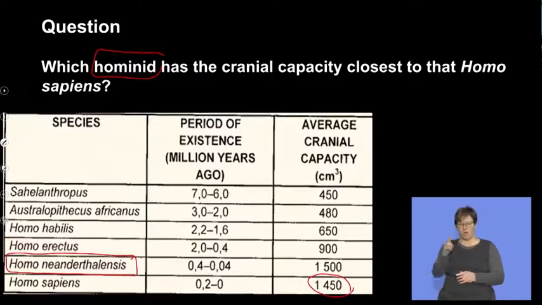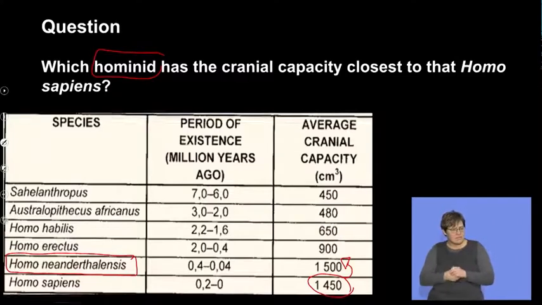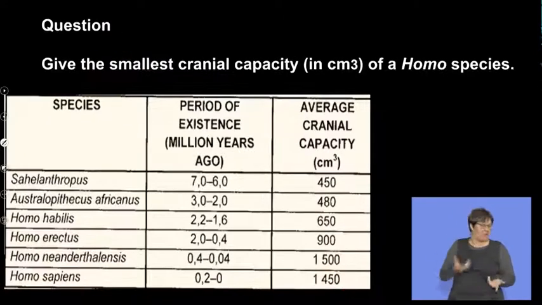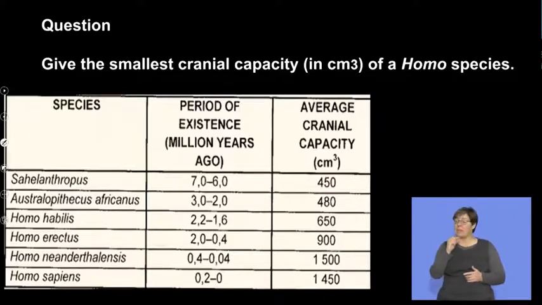Now have a look here. Homo sapiens, closest to the Homo sapiens. Did you notice over here, they've got bigger brains than ours? They actually were much bigger. But when it came to intelligence, funny enough, not so much. Okay, give the smallest cranial capacity, and it does tell you of a Homo species.